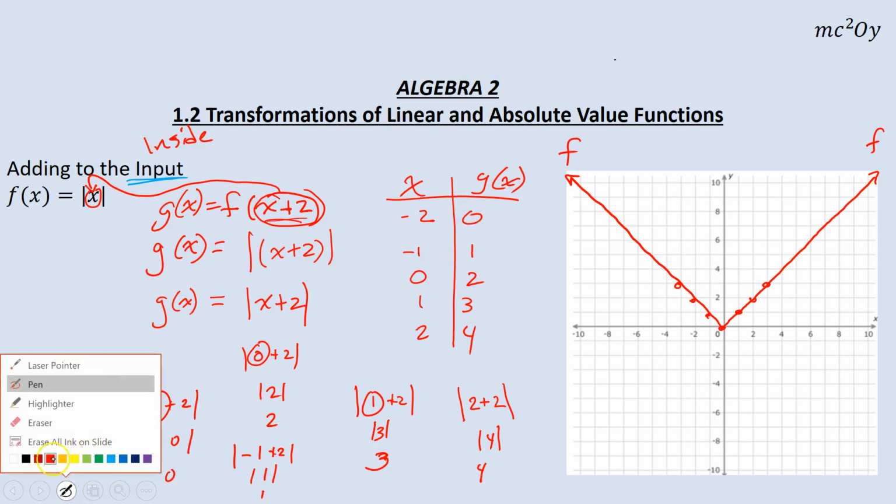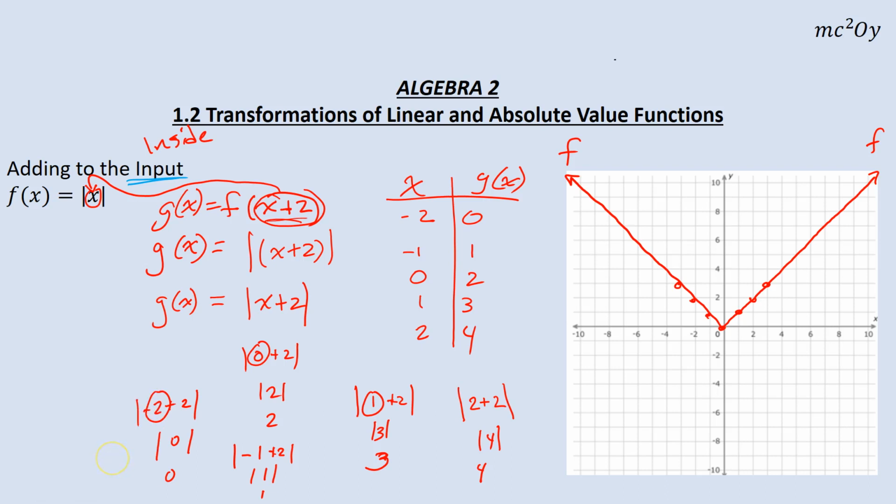So let's go ahead and graph these, see what it looks like. If I were to graph -2, 0, I'm right there. If I were to graph -1, 1, I'm going to graph 0, 2, 1, 3, and 2, 4. The problem is, right now, all I see is one branch.